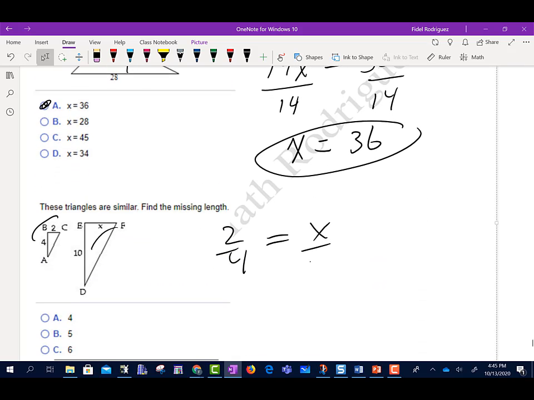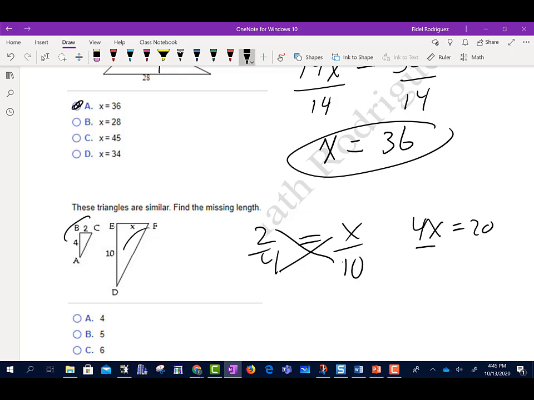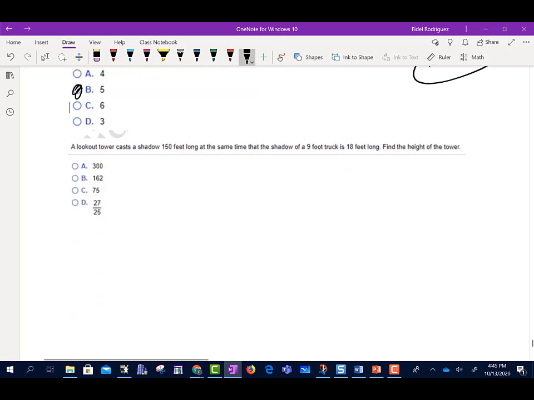Let's cross multiply, so 4x equals 20. So I can divide both sides by 4, and I'm coming up with x is 5. And so there's my answer here.